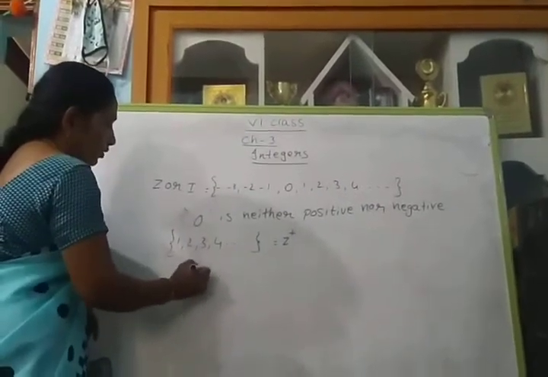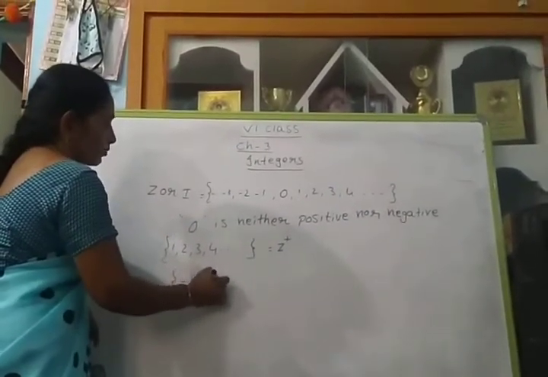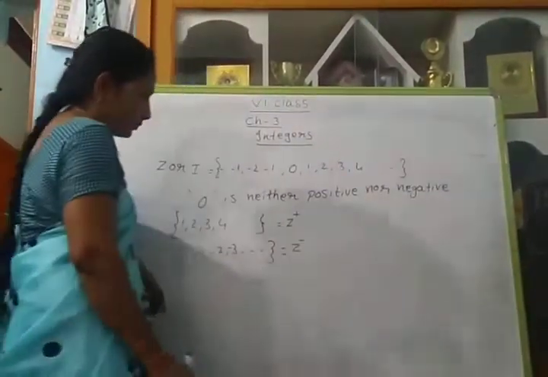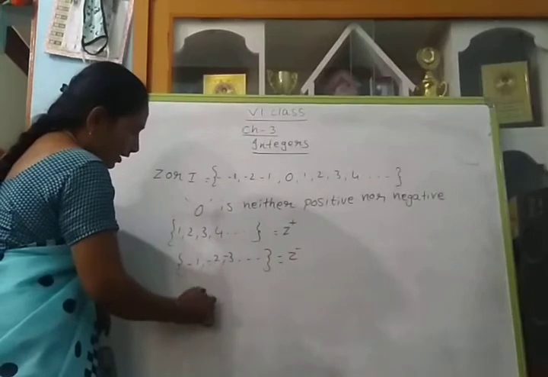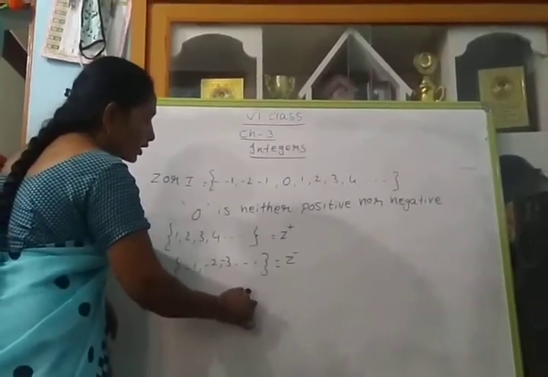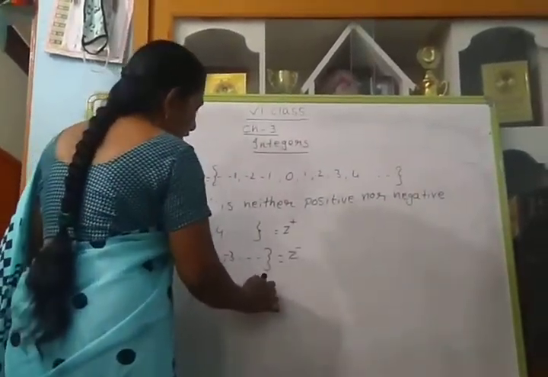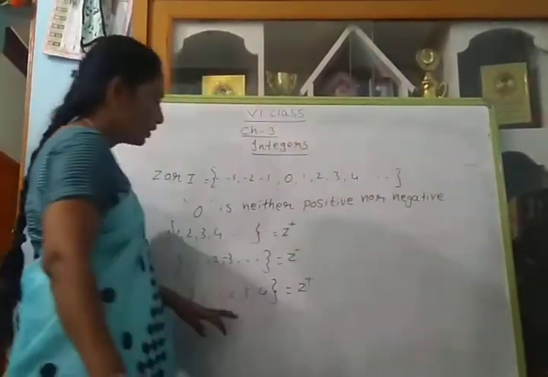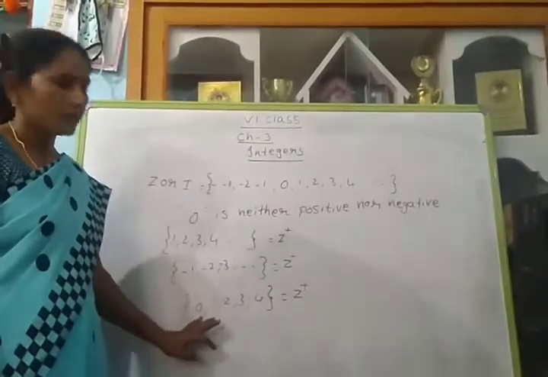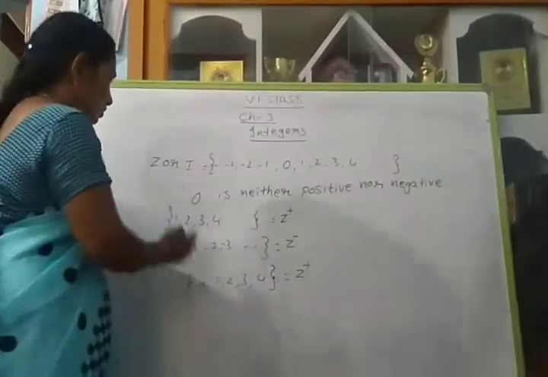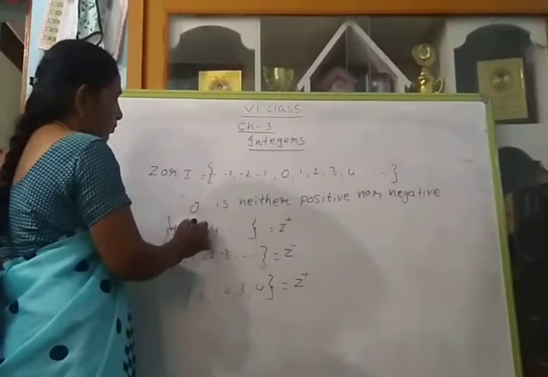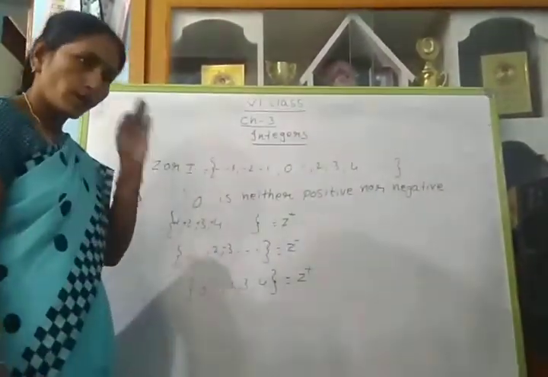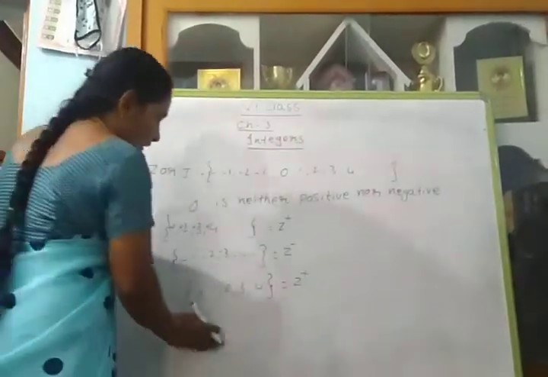And if you take only negatives, minus 1, minus 2, minus 10, it is represented by Z minus. Natural numbers along with 0 are non-negative integers, all positives. The positive sign we do not keep in front of any number. In this chapter you have to take it like that.